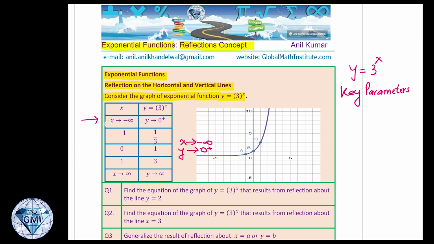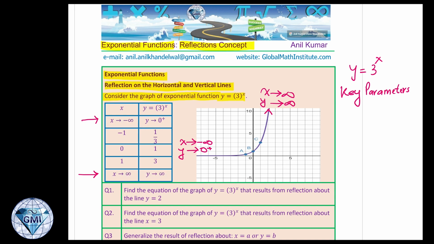So when x approaches negative infinity, y approaches 0, and in quadrant 2 it is still positive. The other end behavior is what happens when x approaches positive infinity. That is this end, right? When x approaches positive infinity, the y value also increases infinitely, and y approaches positive infinity. So we have these two end results.